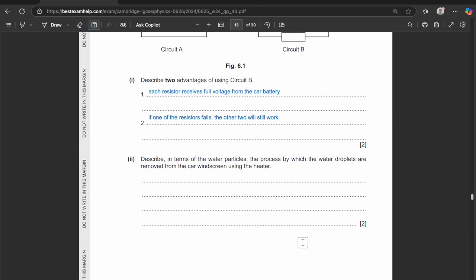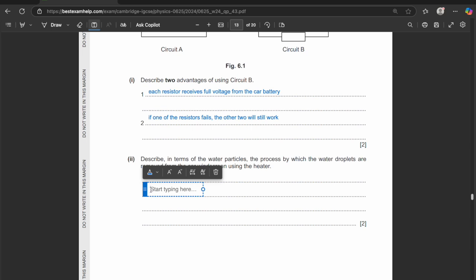Describe in terms of the water particles the process by which the water droplets are removed from the car windscreen using the heater. So this is the process of evaporation. Because those water molecules gain enough energy, they can escape from the surface.